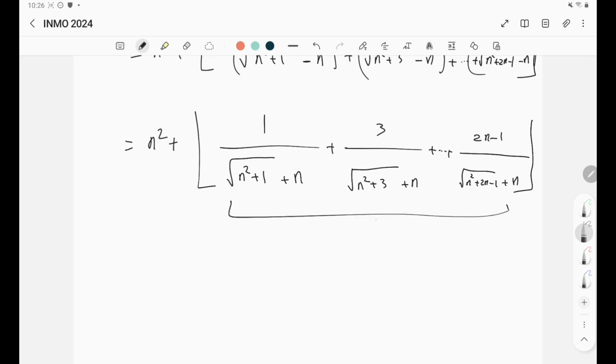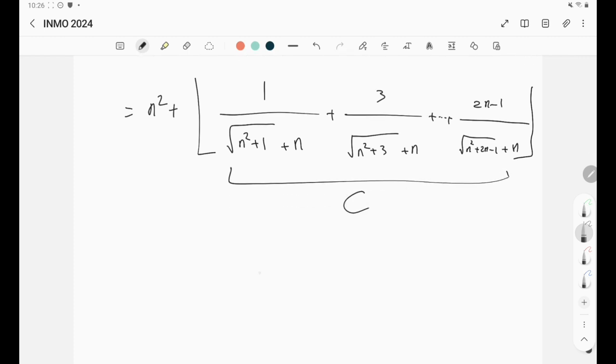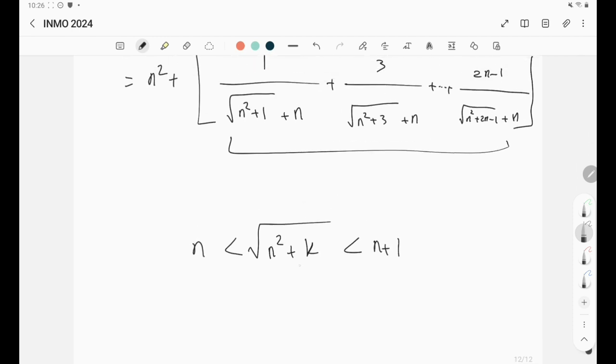If we call this thing here c, then in general root n squared plus k is greater than n and less than n plus 1. By the way, it's strict. So now when you add n to both sides, you get 2n here and 2n plus 1 here.